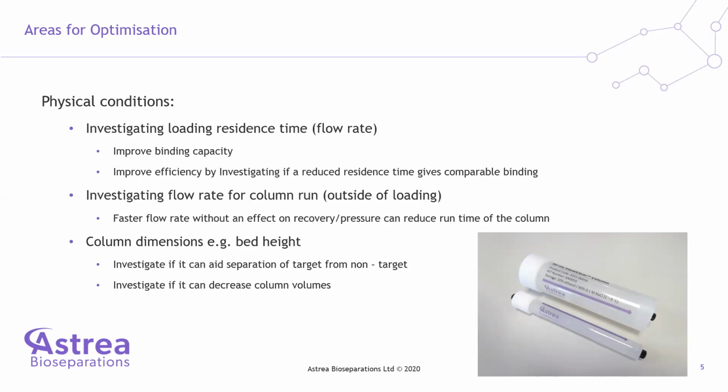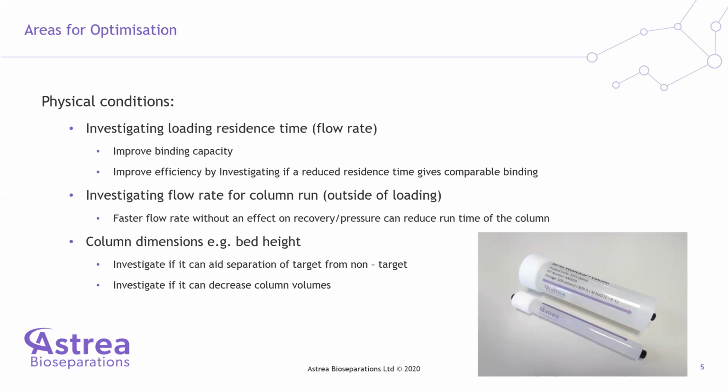So we can look to see if we can have a faster flow rate for the equilibration, washes, and elutions, while maintaining the flow rate for the load and the post-load wash. When we're doing this, we would also need to take into consideration if we're going to get any problems with pressure on the column, or if it's having an effect on our recovery of the other fractions.